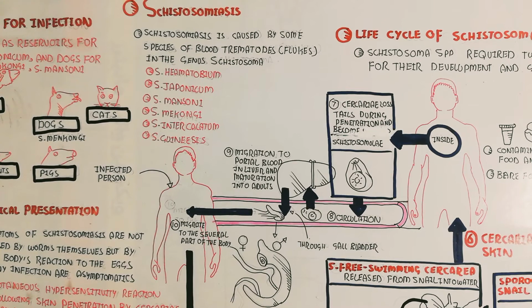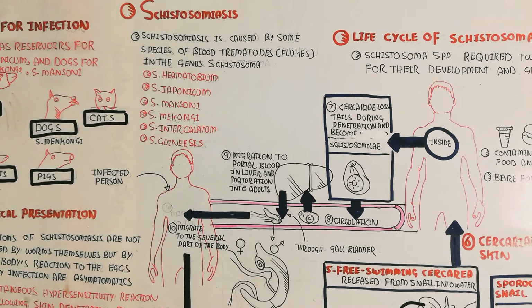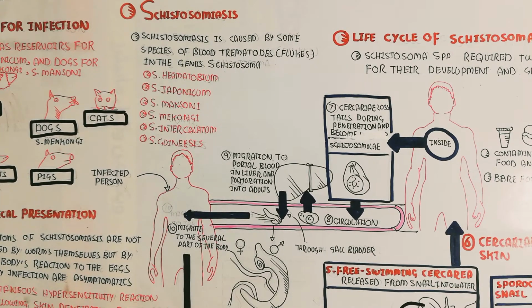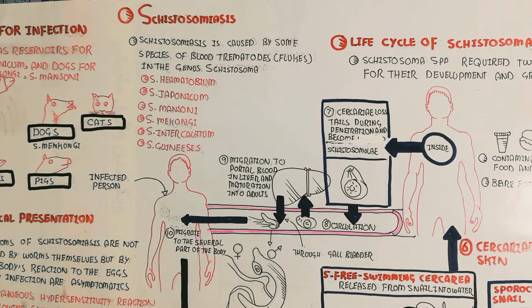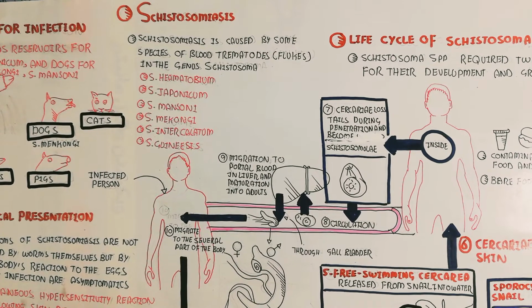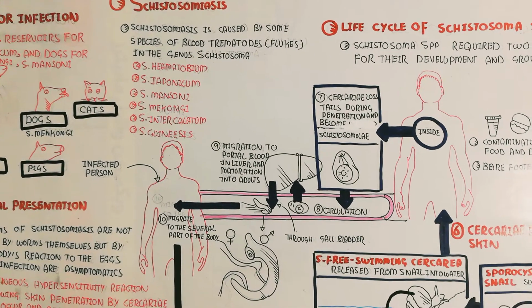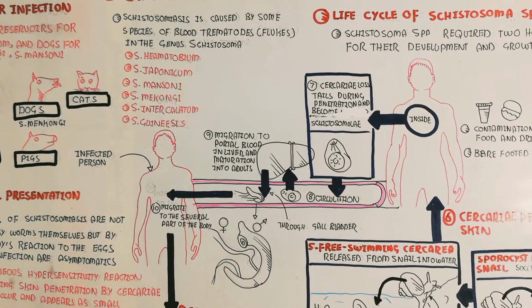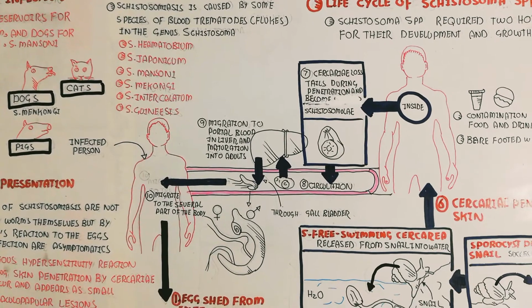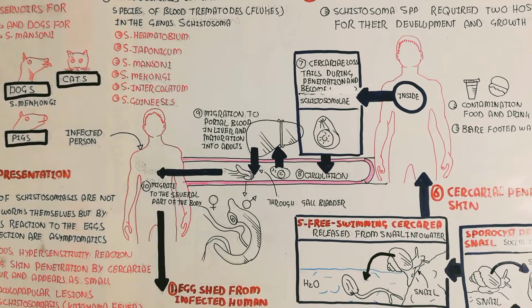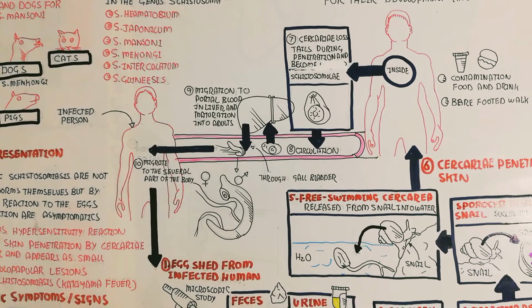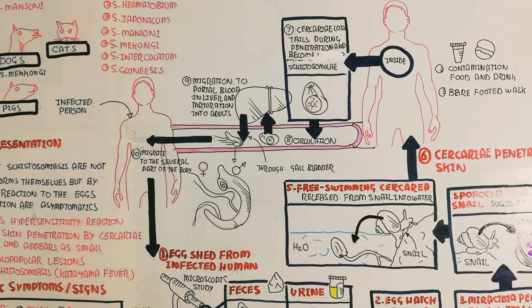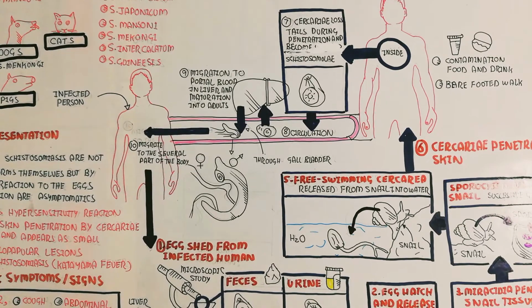So this is the video about schistosomiasis. This is the parasitological video about parasite infection. Schistosomiasis is the disease which causes different complications due to Schistosoma infection, due to the two hosts involved. So that is basically the video about schistosomiasis.